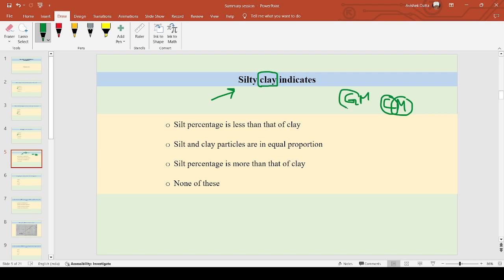Here also gravel particles are more in number, silt particles are less in number. So in this question, silty clay means silt percentage is less than that of clay. The soil is mainly clay soil, composed of clay particles, and it also has some fraction of silt within it. Hence, the soil is called silty clay.